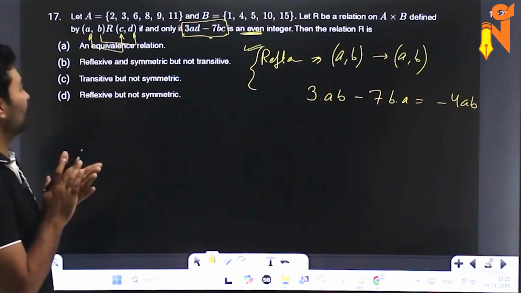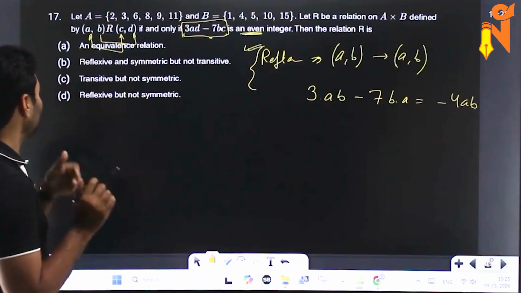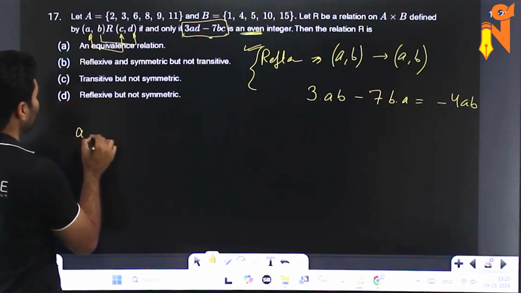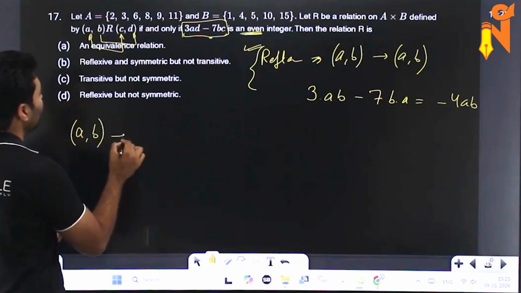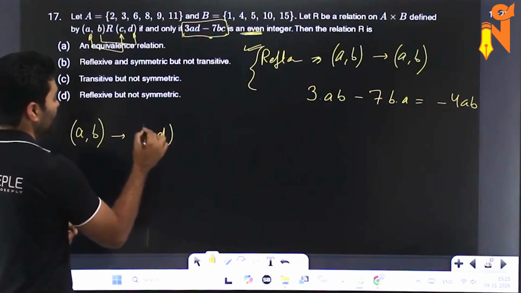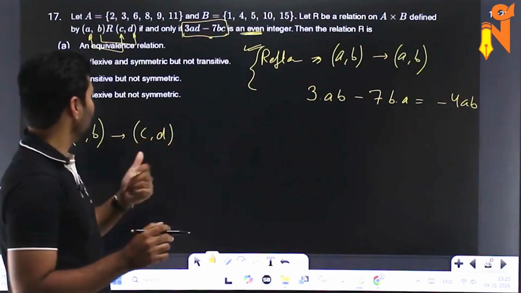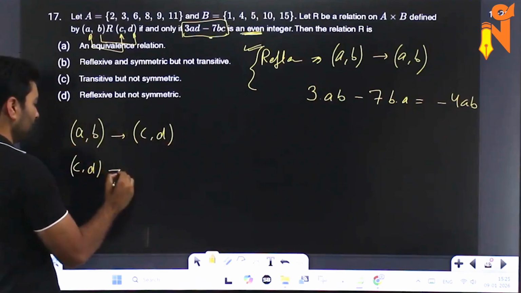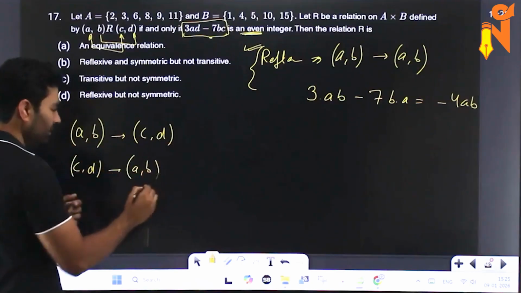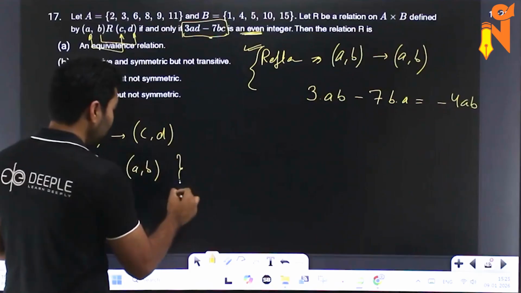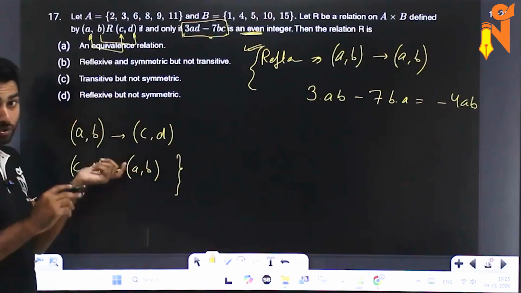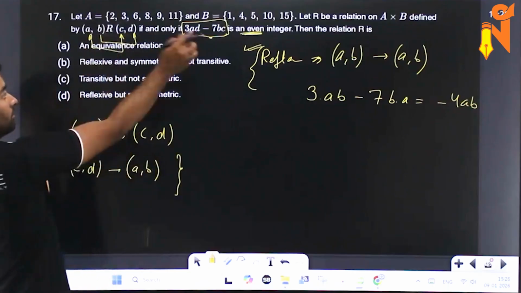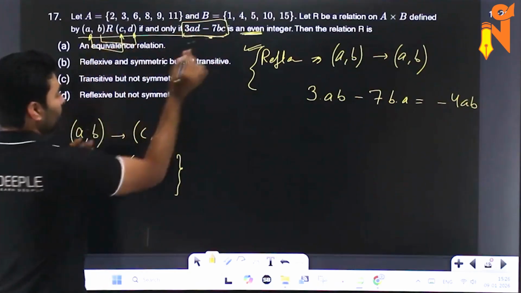Now to check symmetric, we will just replace AB, here CD is given, with the replacement: this will come here, this will come here, and this will come here, A comma B, very basic. So for this, if this is also an even number, then it is symmetric. So again apply the same property here, it's the condition for this question.